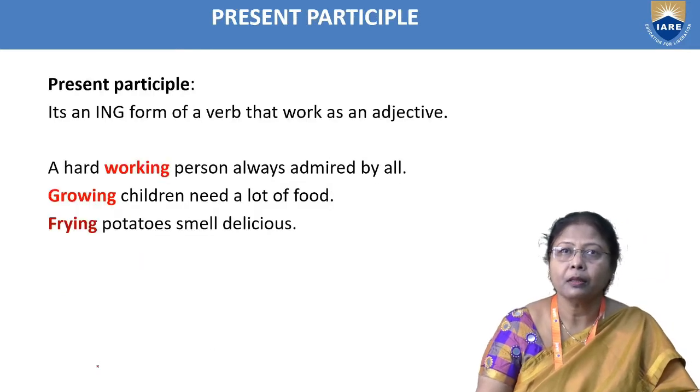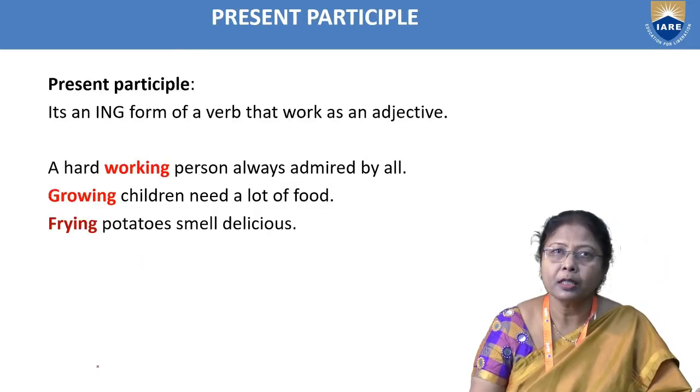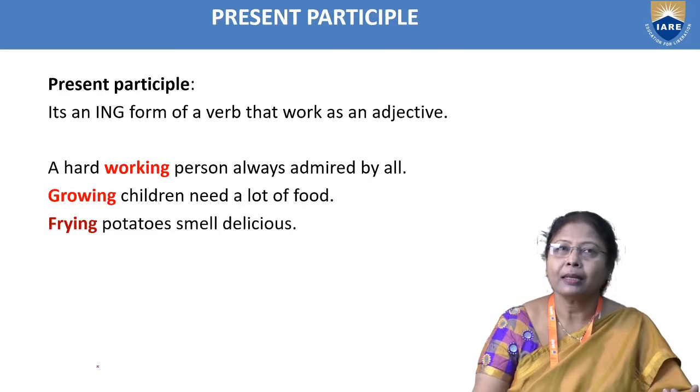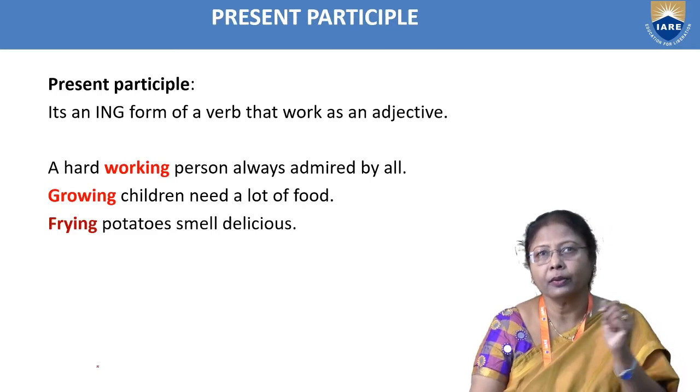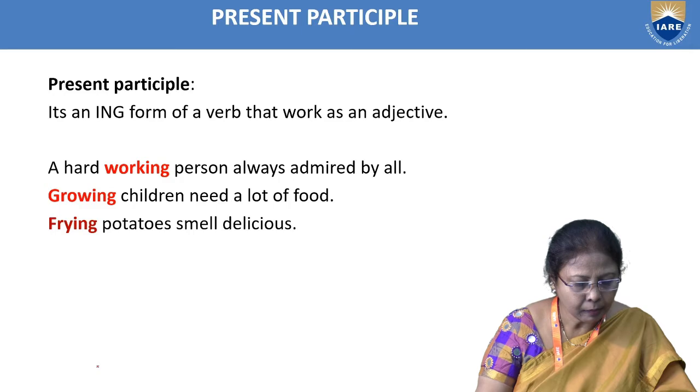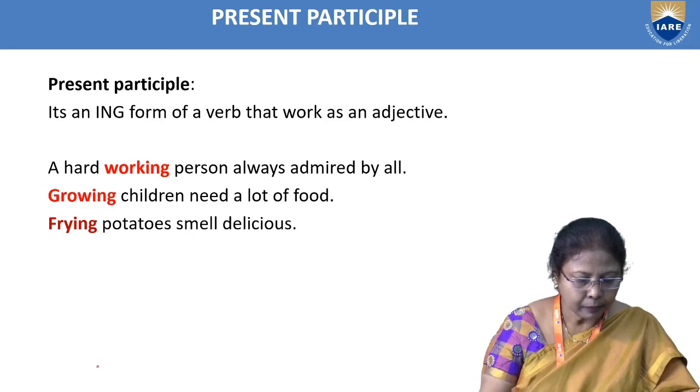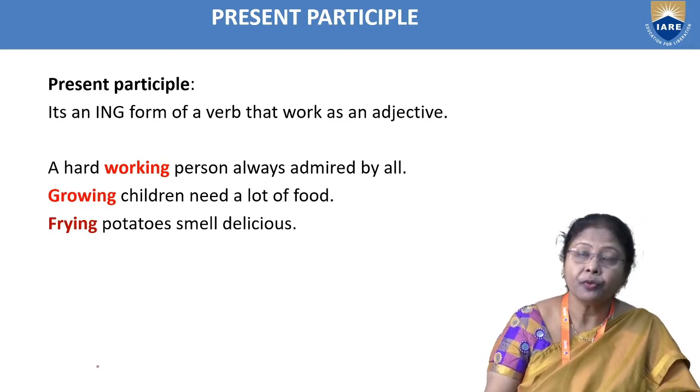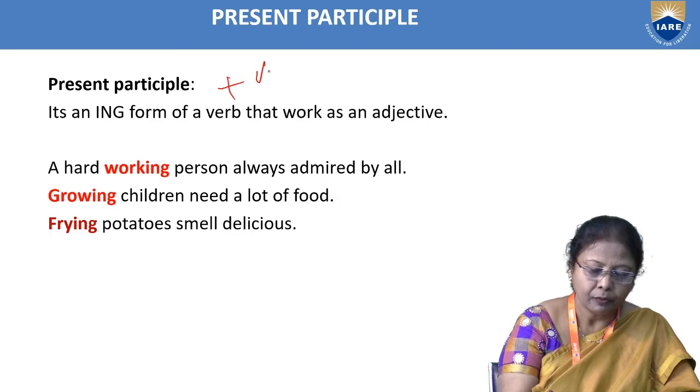The next one is present participle. How does this present participle act as a modifier in front of a noun? So here you see, present participle is nothing but the ing form, V1 plus ing.